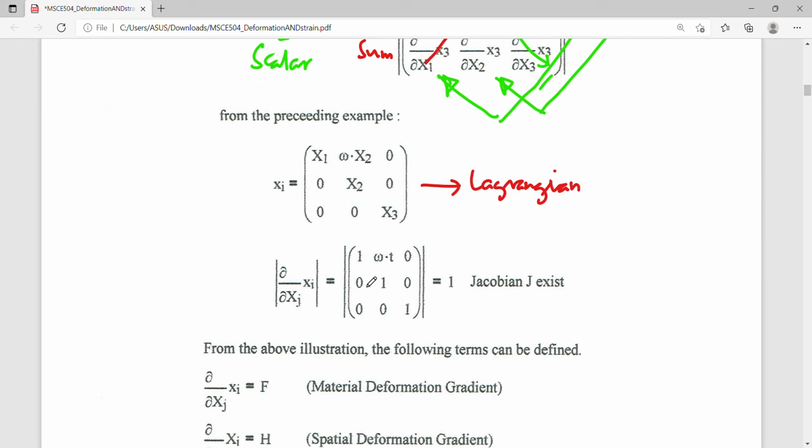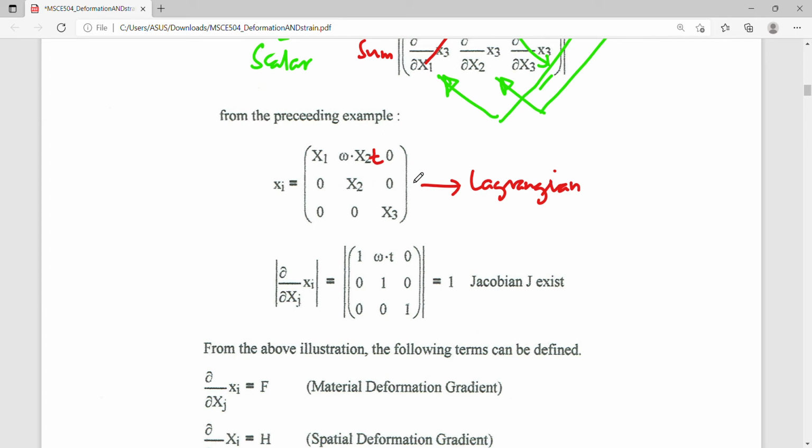So all of these will be 1, 1, 1, and this will of course be omega t. So there's a missing variable there, which is t. Again, I'm sorry for the error.